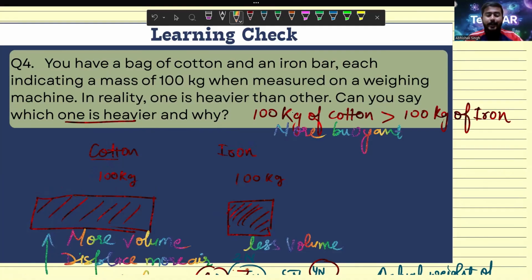That means the actual weight of the 100 kg cotton would be more to make them equal on the weighing scale. Getting it? This was a very good question, one of the cream questions of NCERT, and it involves a lot of conceptual understanding of buoyancy, density, Archimedes principle, and all.